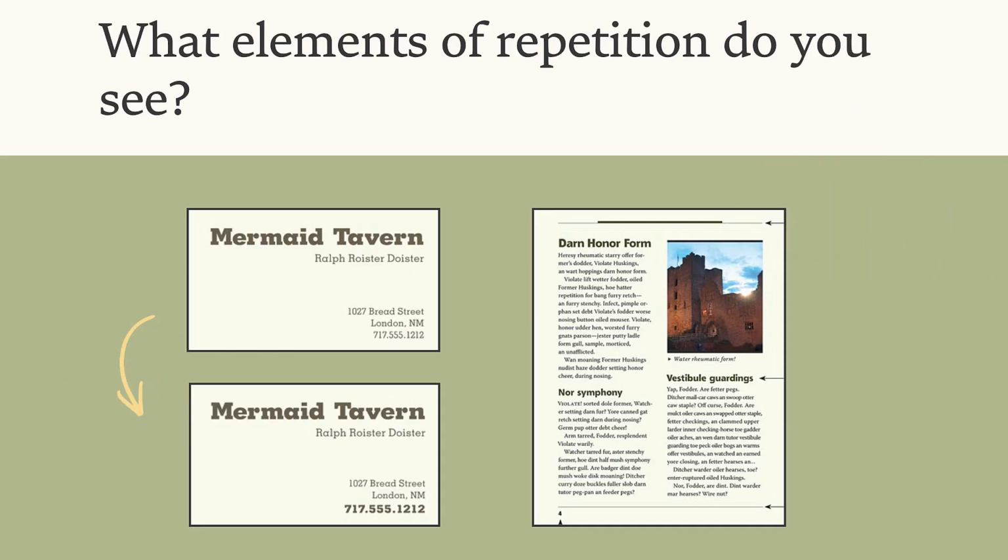In the first example with the business card, the change is subtle, but by adding in the repetition and contrast of the bold font in the phone number, you'll find that your eyes bounce back and forth between the name of the business and the phone number versus just being done with the card after the unbolded number. In the second example, you'll see a few arrows pointing at parts of the design that would then be replicated in subsequent pages.